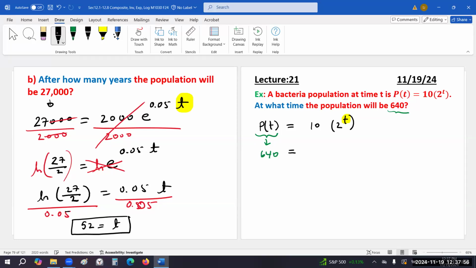So 640 equals 10 times 2 to the t. We cannot do anything until the exponential is alone. That's the rule. If you have a variable on the power, we need to have our exponential alone. So I need to divide by 10.